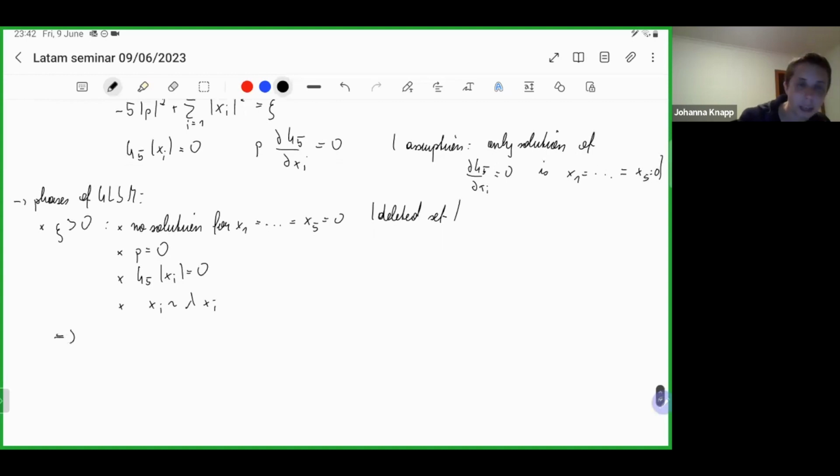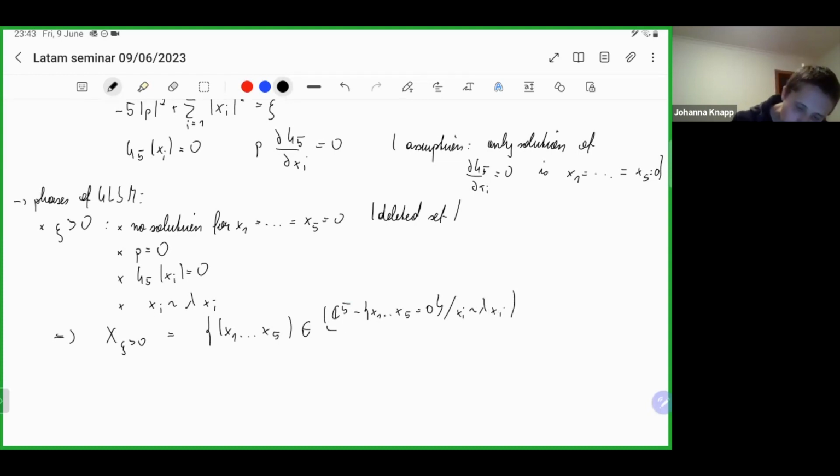And this is all we had to do. So now in the parameter space zeta larger than 0, we found that we have to look at x1 to x5, and what's the space? It's C5 minus x1 to x5 equals 0 modulo the xi scale, which is exactly complex P4.